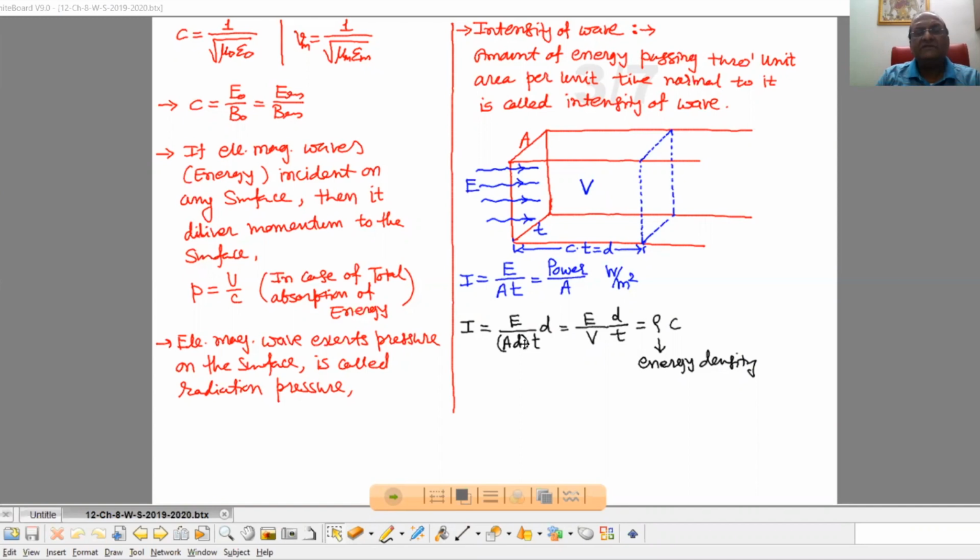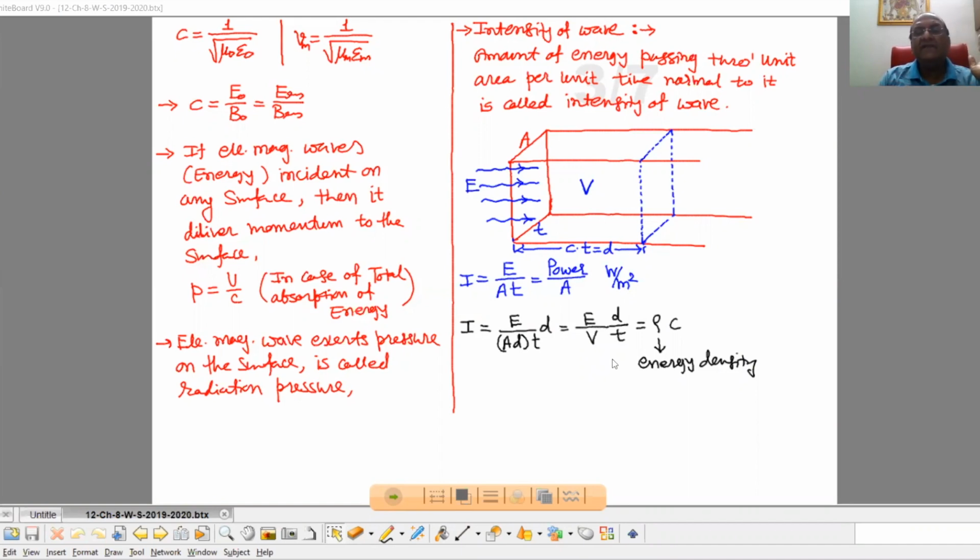Now, suppose the equation E upon AT is multiplied and divided by D, the distance covered by these electromagnetic waves in time t. Then A into D will be the volume in which the energy is accommodated. So we can write E by V into D by T, but E by V is energy per unit volume, and that is called energy density.